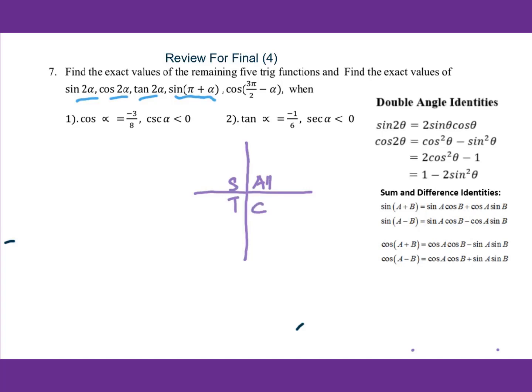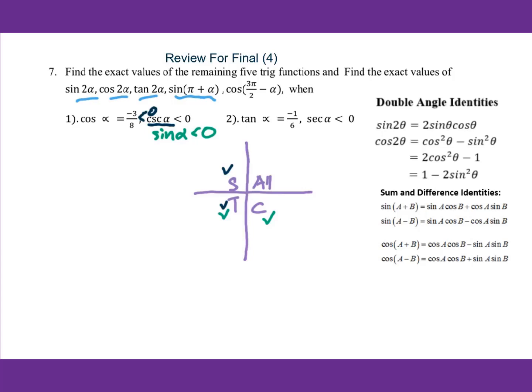For cosine alpha less than 0, we go to the second and third quadrants. For cosecant less than 0, sine alpha is less than 0, which means the third and fourth quadrants.